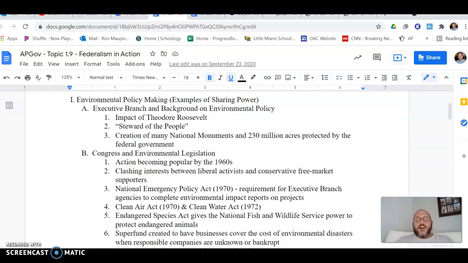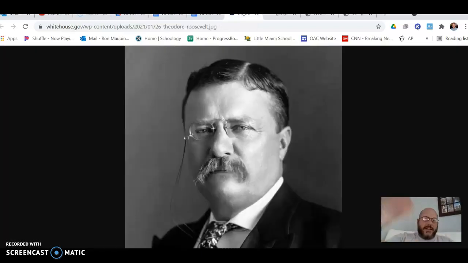Now, when we think of environmentalism, environmentalism was something that the founders weren't particularly thinking about at the time of the creation of the Constitution. But of course, through things such as industrialization taking place in the 19th century, issues regarding the fate of our environment started to become of more significance, especially with progressive presidents at the beginning of the 20th century, and of course, most famously with this guy, good old Teddy, good old TR, Theodore Roosevelt.